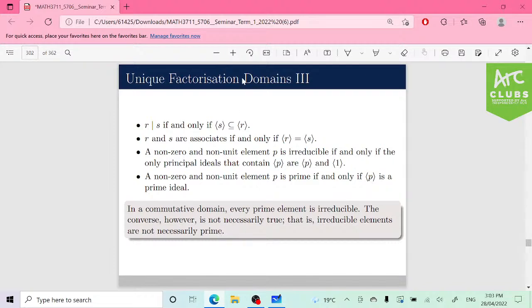So we can set up parallel definitions between factorization and principal ideals, and in this way we can set up some theory for principal ideal domains that we're going to be talking about. In a commutative domain, every prime element is irreducible, and the reverse is not necessarily true. There are irreducible elements that are not necessarily prime.